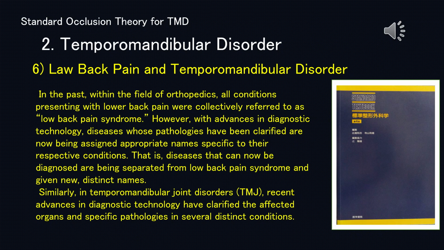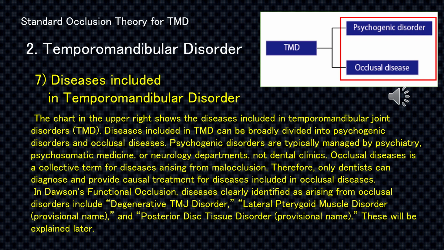That is, diseases that can now be diagnosed are being separated from low back pain syndrome and given new, distinct names. Similarly, in temporomandibular joint disorders (TMJ), recent advances in diagnostic technology have clarified the affected organs and specific pathologies in several distinct conditions.